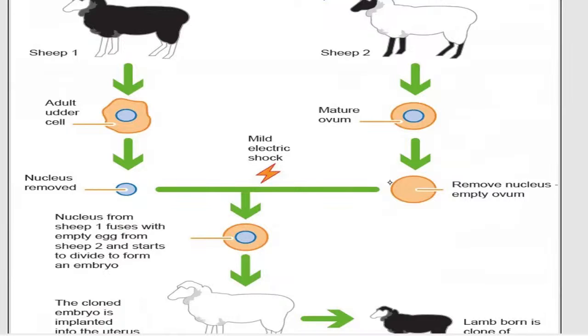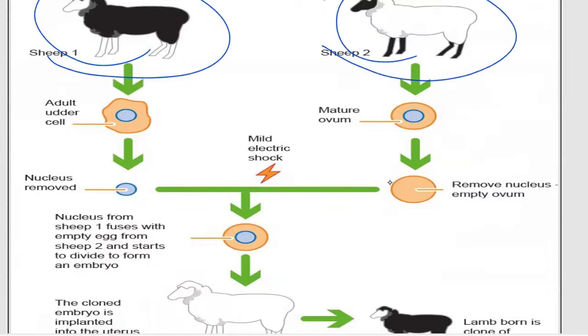All right. Step one, you identify a sheep. Sheep one and sheep two. What do I want to produce? The one which you want to clone.